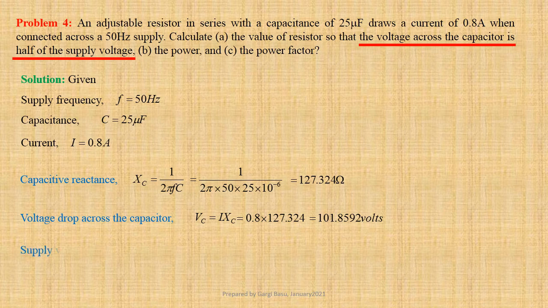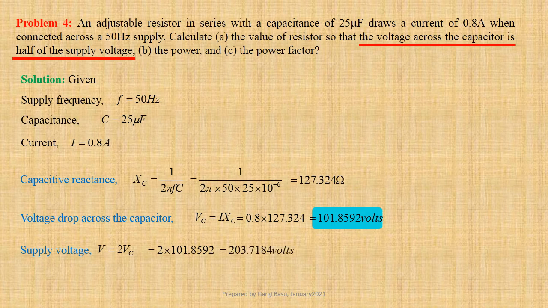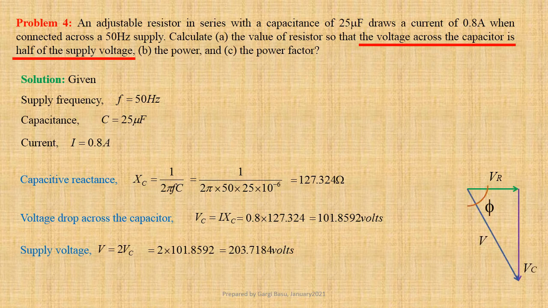Therefore, supply voltage V equals 2 into Vc. Putting the value of Vc, we get 2 into 101.8592. That gives us 203.7184 volts.